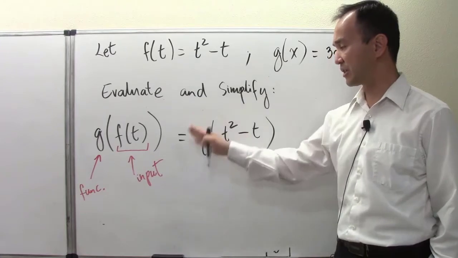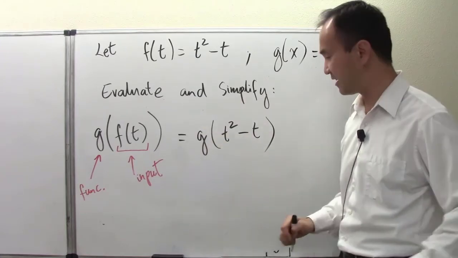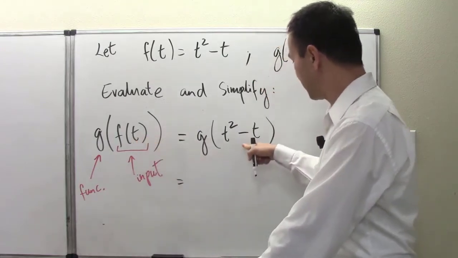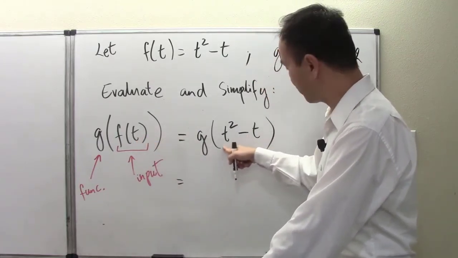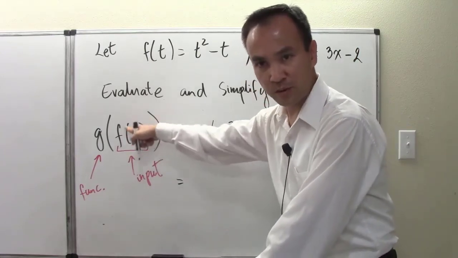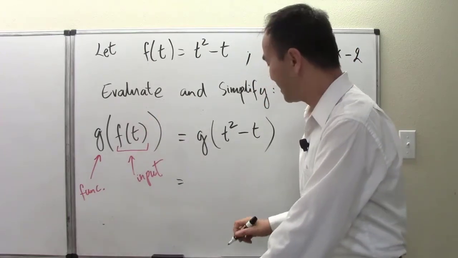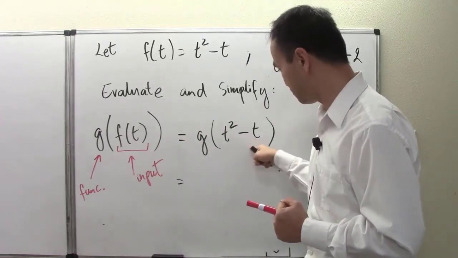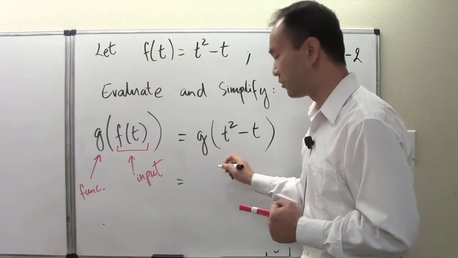Now seeing this clearly written down right here, we have a clear instruction of what to do. This is the written out form of the input, just the general expression of the input. Now in order to evaluate that, we need the rule of the function g.